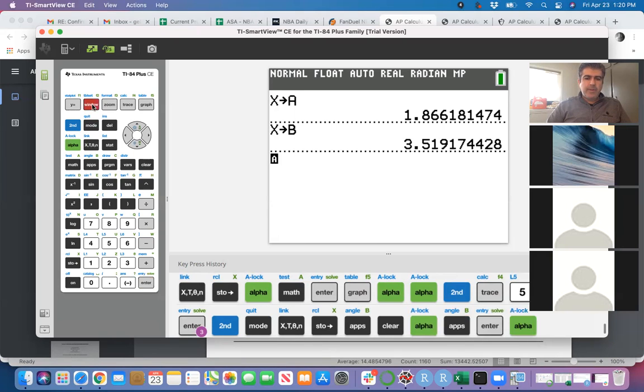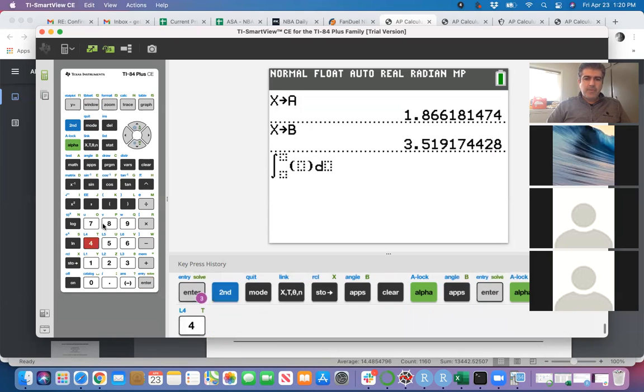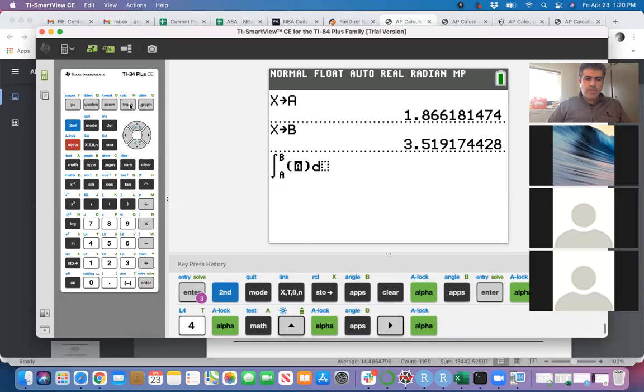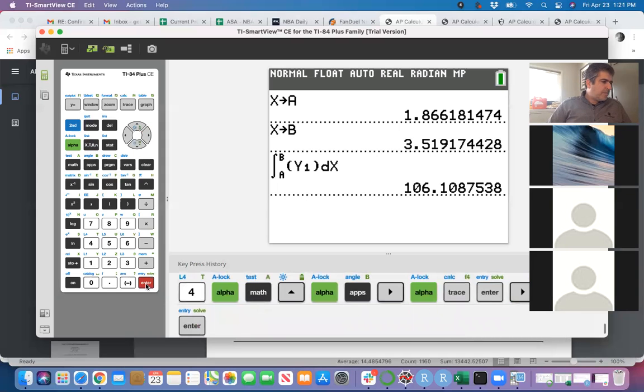But you go alpha window, option 4, alpha A, alpha B, alpha trace, y1, dx, and you get that. So the distance you traveled, and you should give the units, and round to 3 decimal places at least, 106.109, or you can also say 106.108 to accept that. But if you rounded too soon, if you said 106.1, you wouldn't get the answer. If you didn't write the units, you wouldn't get the point for the answer.